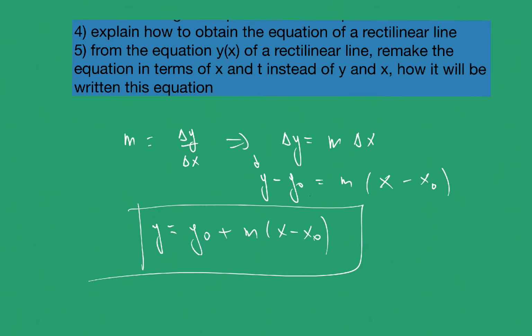Perfect. From the equation, we remake the equation. And now they say do the same thing with x and t. Let's do the same thing with x and t. I have the variable x, that is position. This is the 0. This is the time. I start with a point. Let's say the point t equal 1, x equal 2.